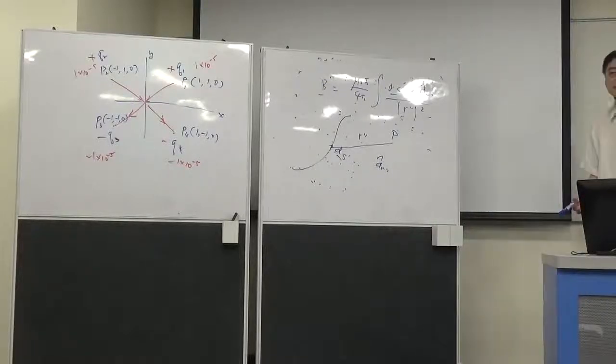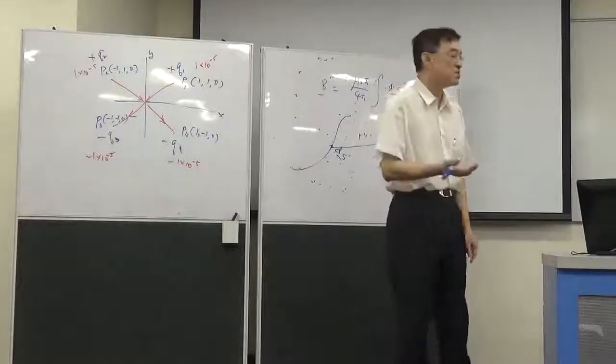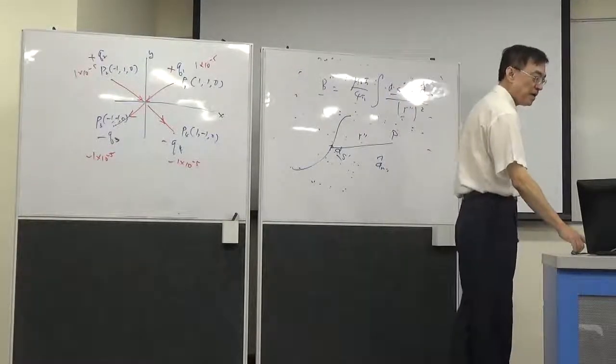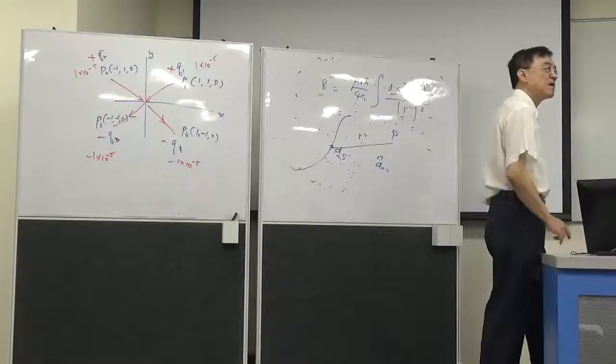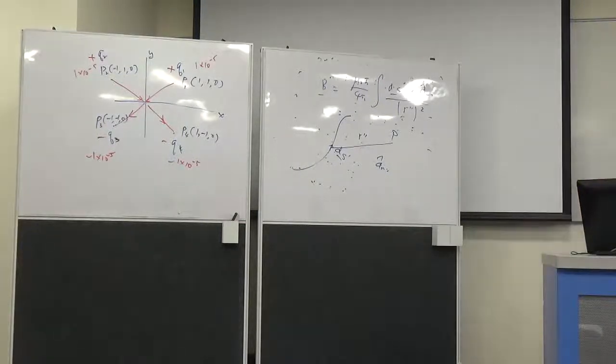Why is it not a good idea? I've said that in class already. The reason it's not a good idea is obviously that the Biot-Savart law is not easy to apply. You want to apply the Biot-Savart law coming from this straight wire, this straight wire, this straight wire, this straight wire.